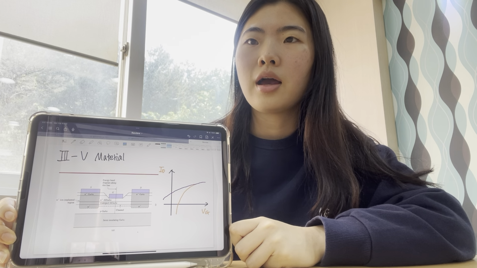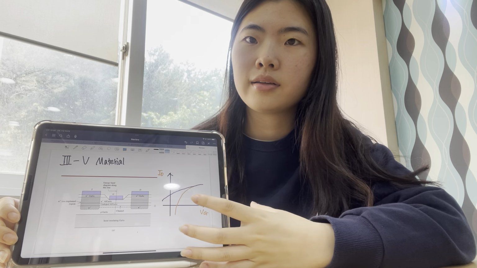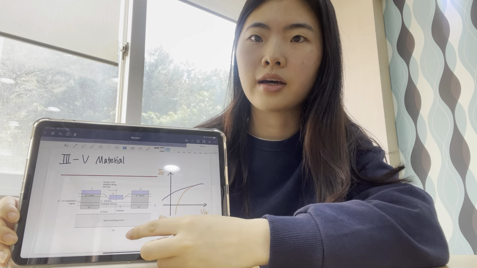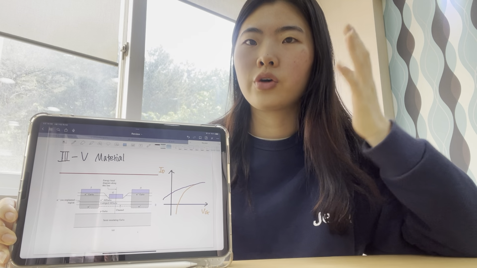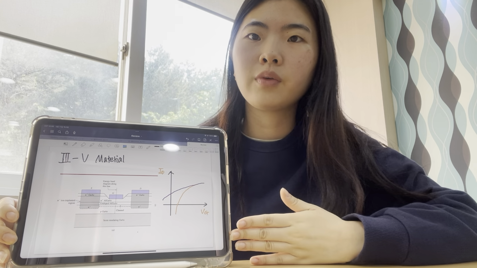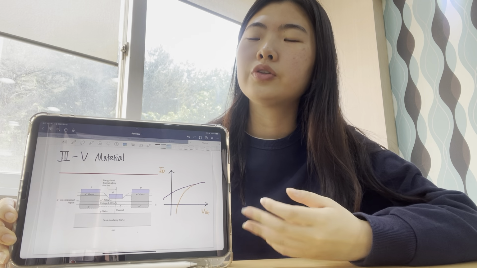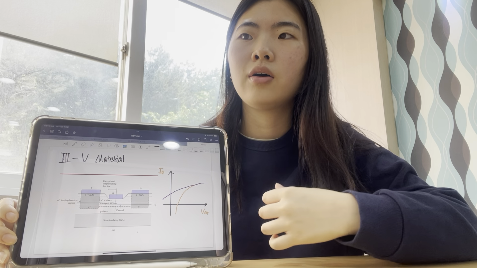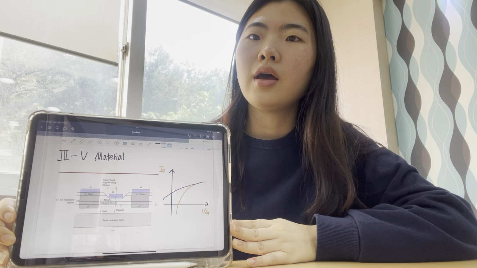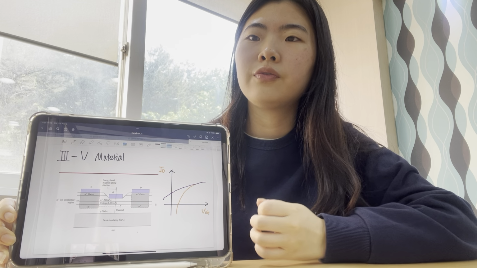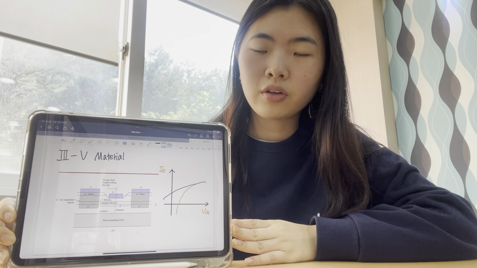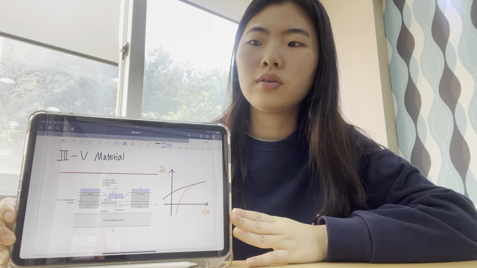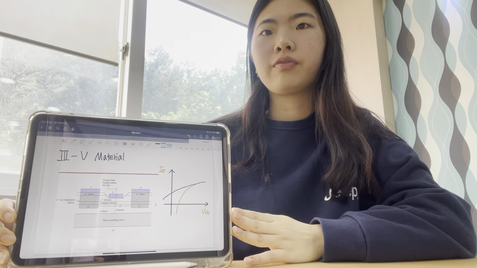So it is not a good transistor for engineers. However, if we don't care about the off current, the left side of the current, and we just focus on the on current, this 3-5 material will be a good material for engineers, because it has a big current flow. So if the engineer wants high frequency operation, some engineers can use the 3-5 material.